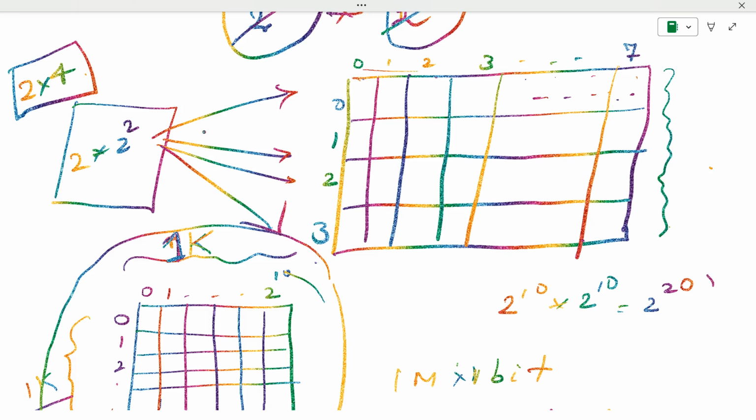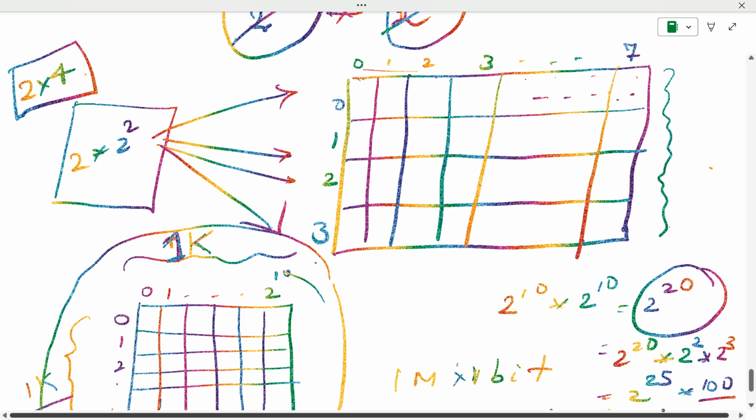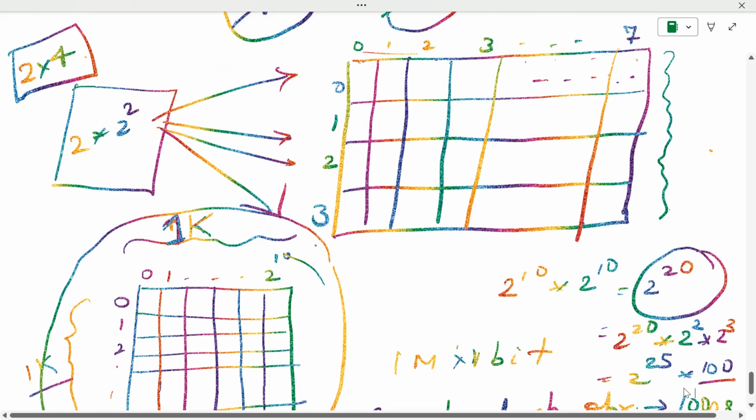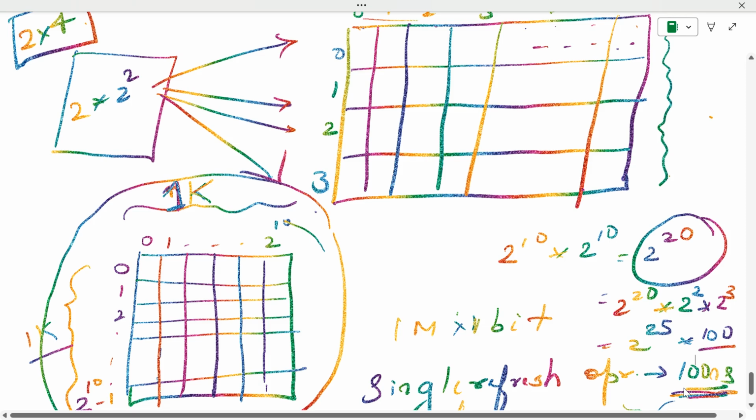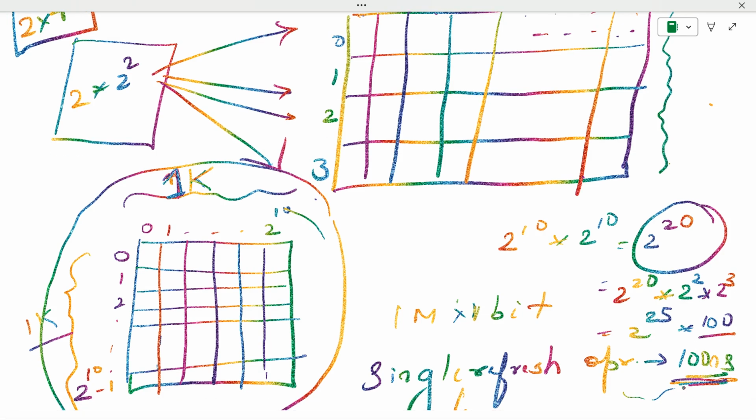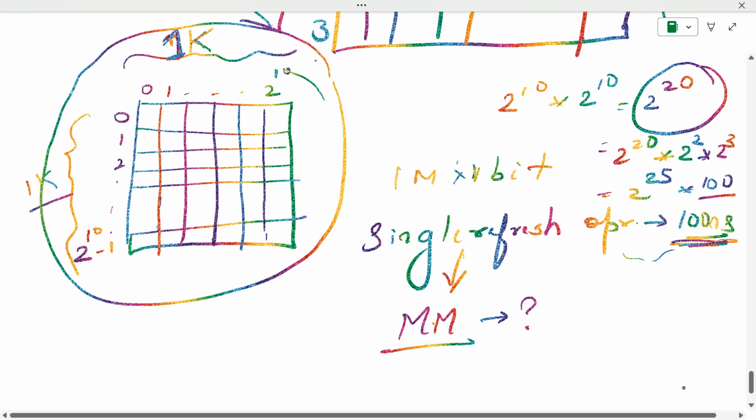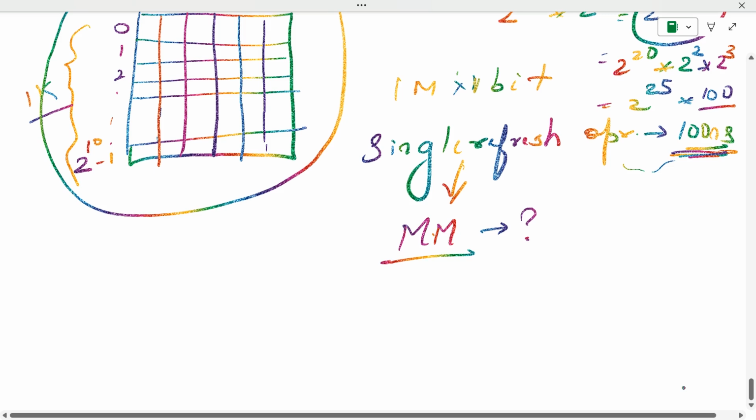Okay, so this 2 raised to the power 20 into how many bits one row can hold, that is 2 raised to the power 2 into 2 raised to the power 3, and altogether it is 2 raised to the power 25, and then it has to be multiplied by 100 nanosecond, because here we are calculating the altogether total number of rows, right?